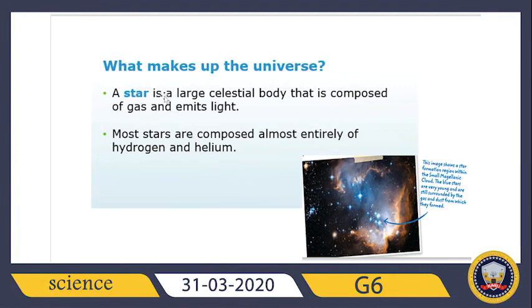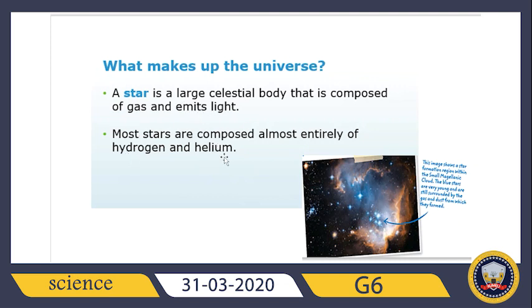A star is a large celestial body that is composed of gas and emits light. Like the sun, most stars are composed almost entirely of hydrogen and helium gases, and a small percentage of other elements are also found in stars.